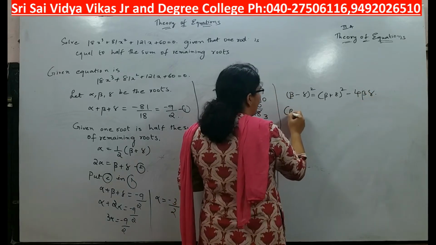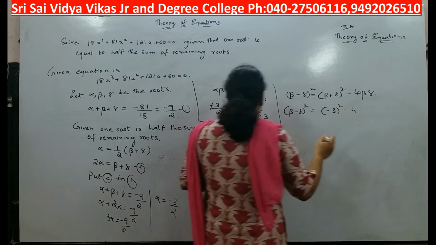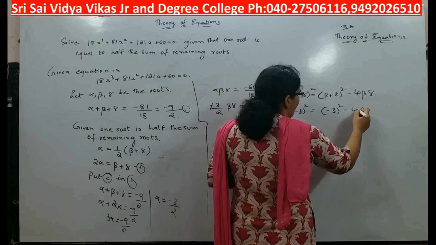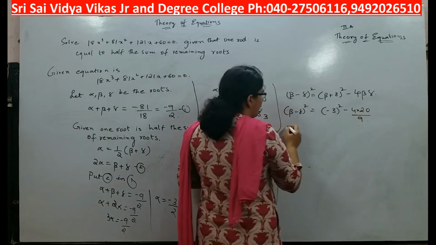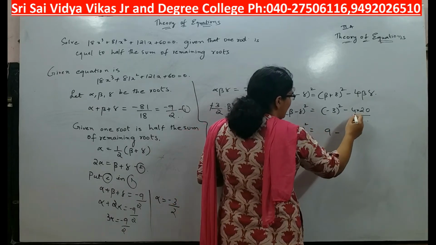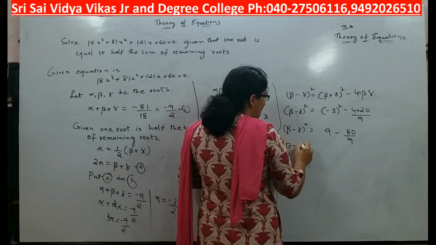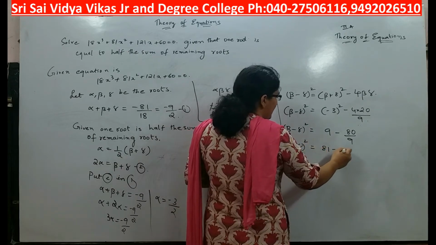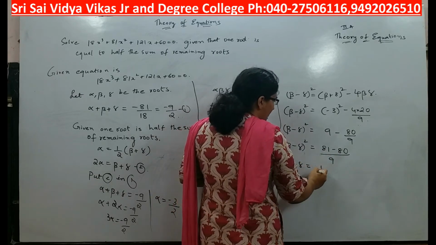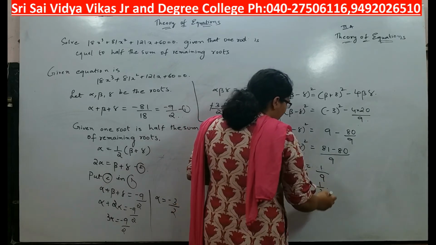That is minus 3 square minus 4 into 20 by 9, which is 9 minus 80 by 9. Beta minus gamma whole square is 1 by 9. Beta minus gamma is equal to 1 by 3.